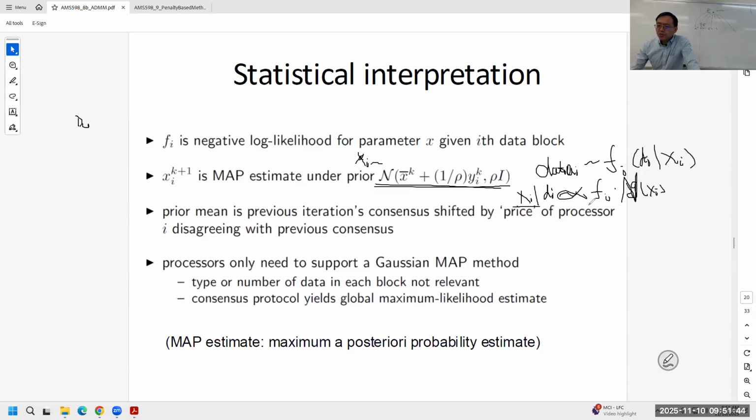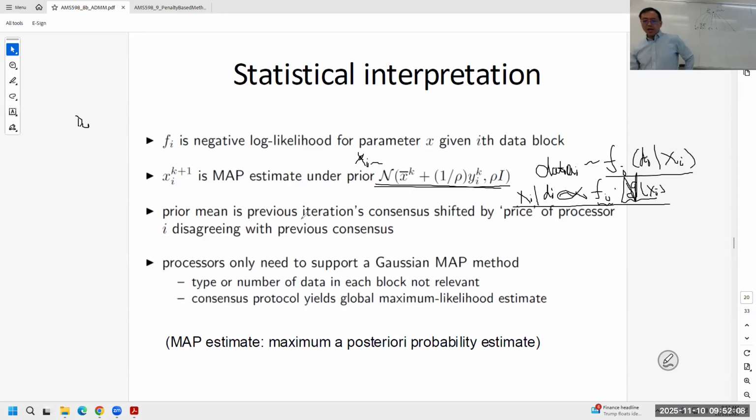So the posterior distribution is proportional to the original density of the data times the prior. The normalizing constant we can ignore. So when working with the posterior, you just multiply this fi times the normal density.